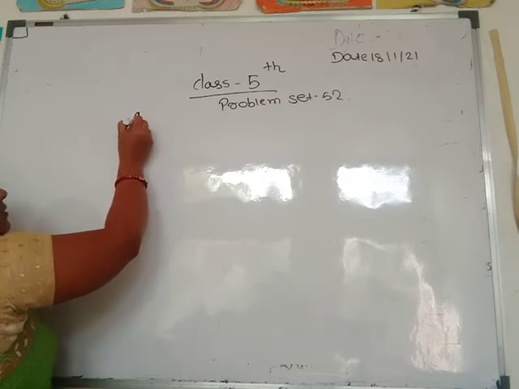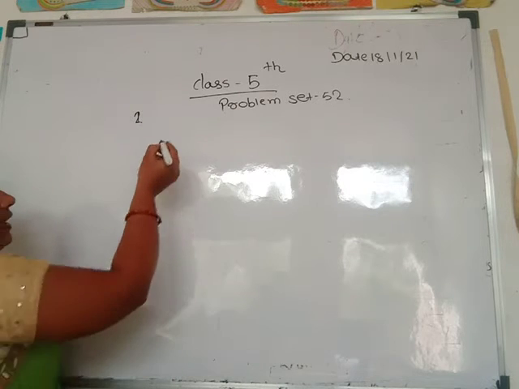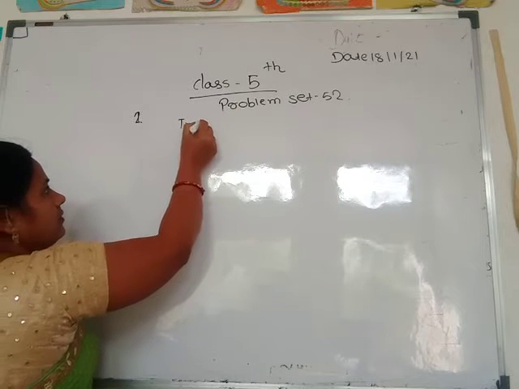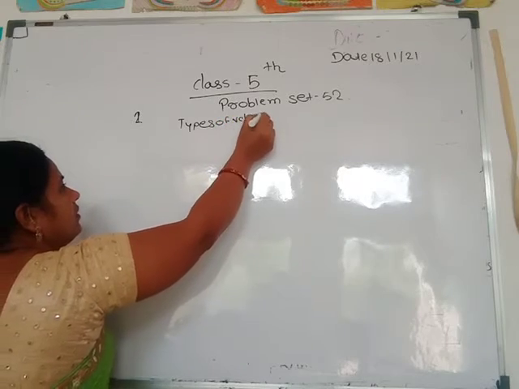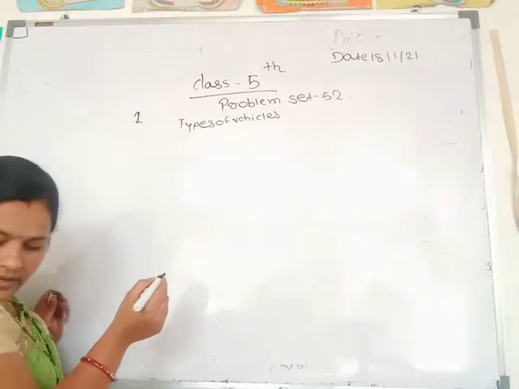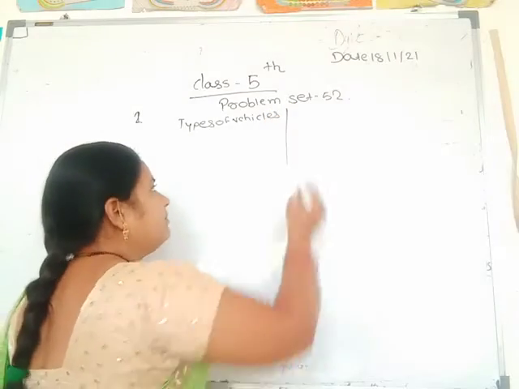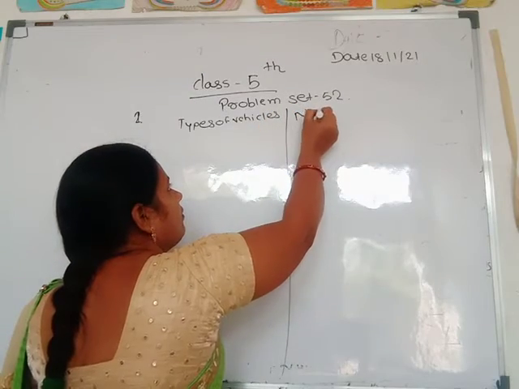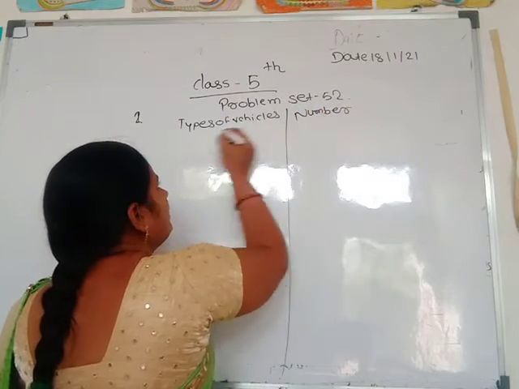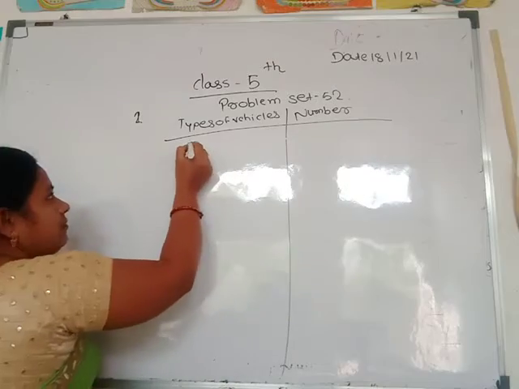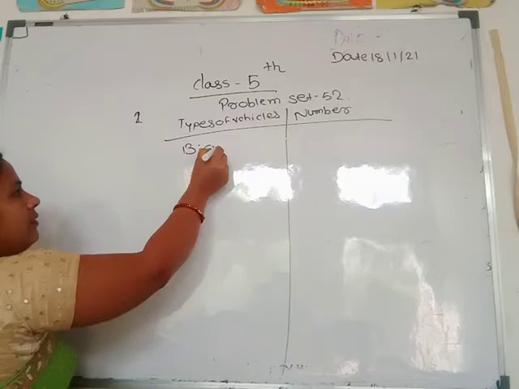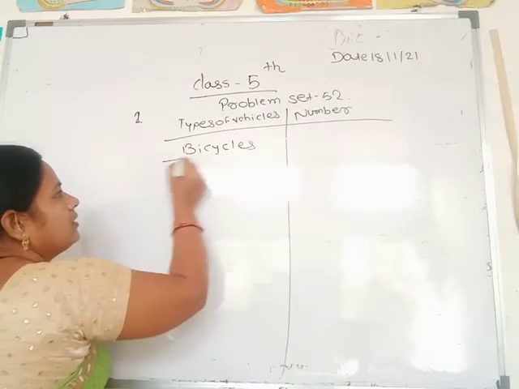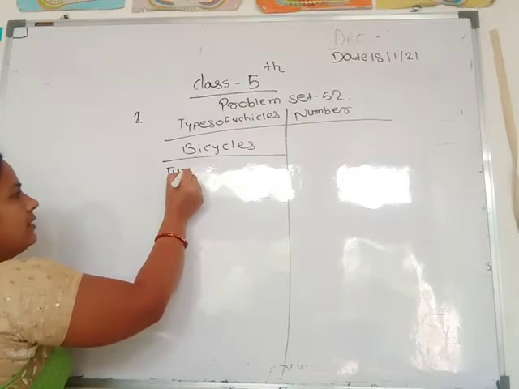Second one, see here types of vehicles, and here number. First, bicycles. Second, two-wheeler.